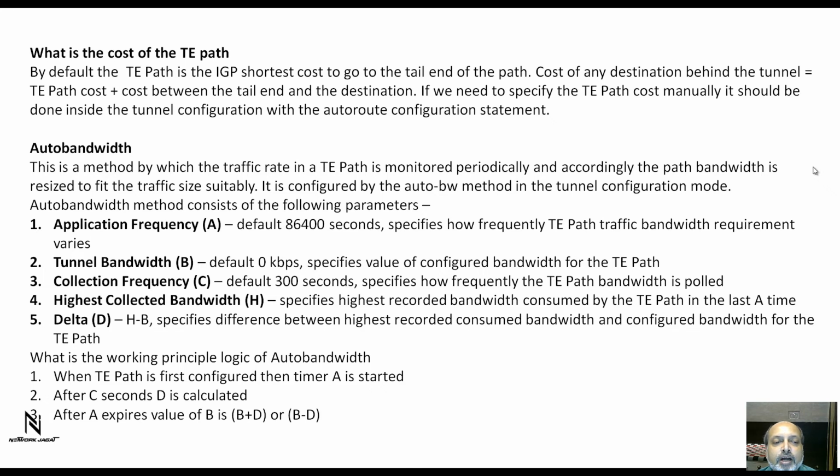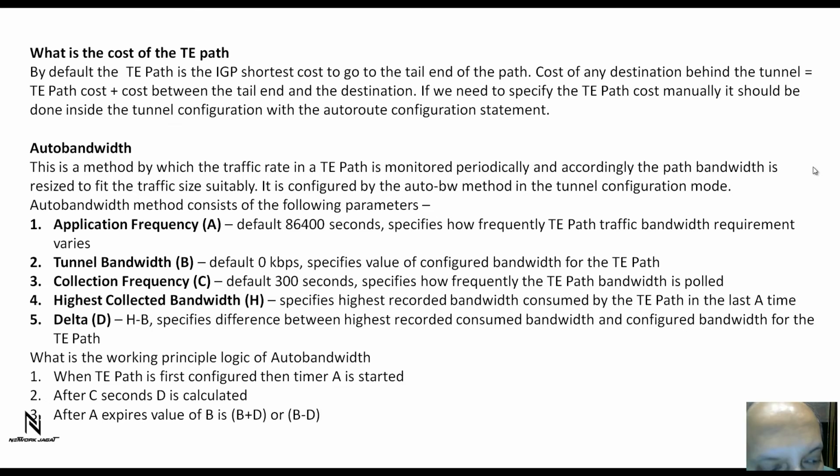So that means this 1 minute interval is actually the frequency as to how my traffic bandwidth requirement is modifying. Tunnel bandwidth, by default this is 0 kbps, specifies the value of configured bandwidth for the TE path. Right. So this is basically the bandwidth that should be allotted for the tunnel.